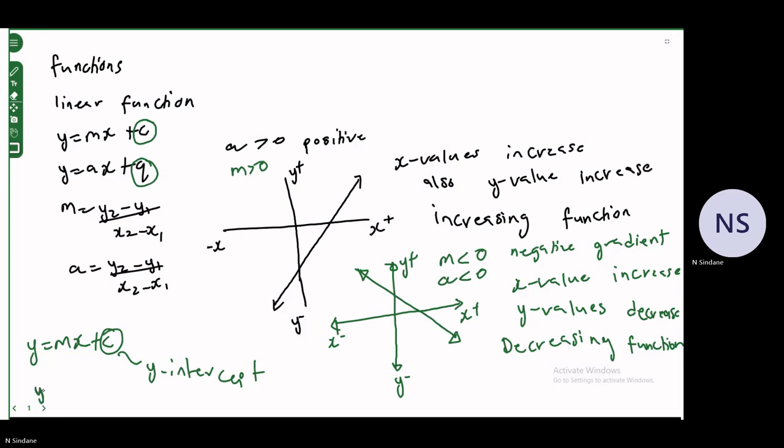Even if you write it as y = ax + q, that simply tells you the value of q is the y-intercept.